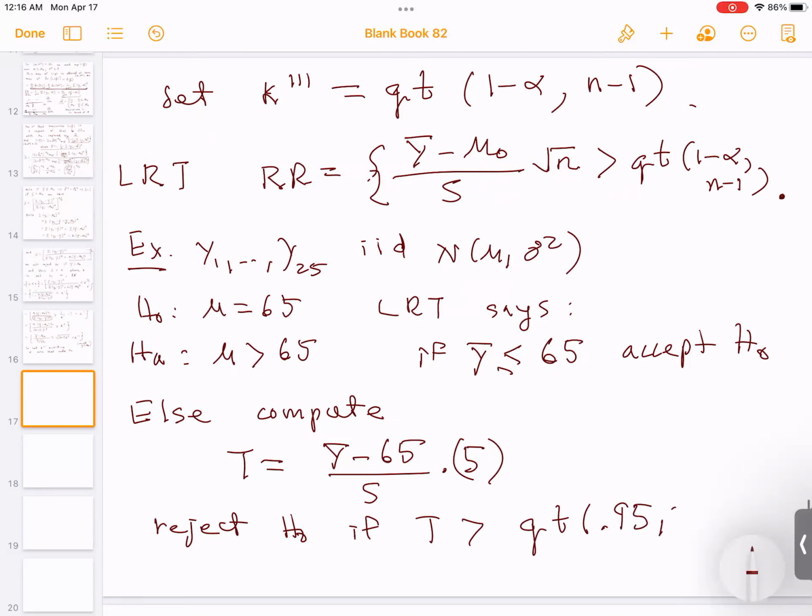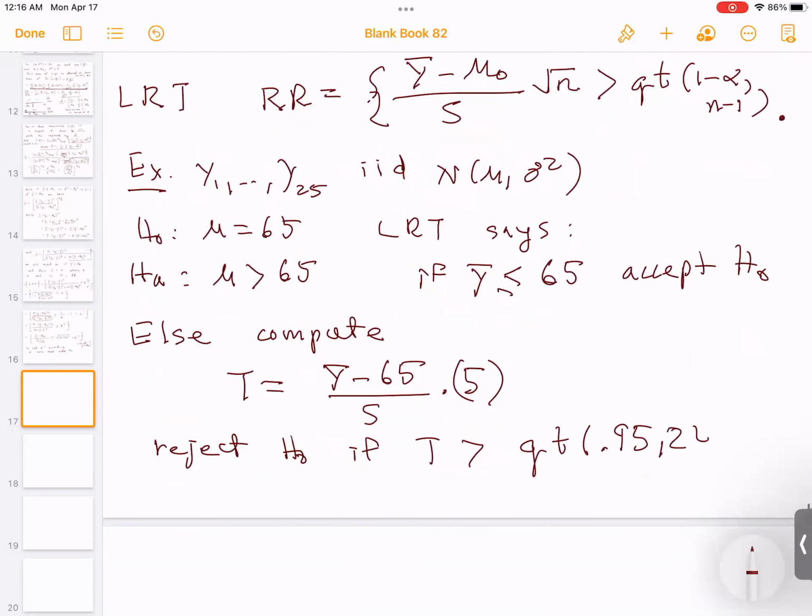How many degrees? 24, which is equal to 1.71.